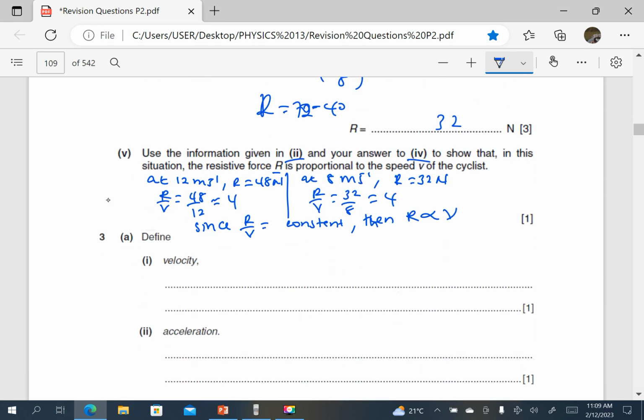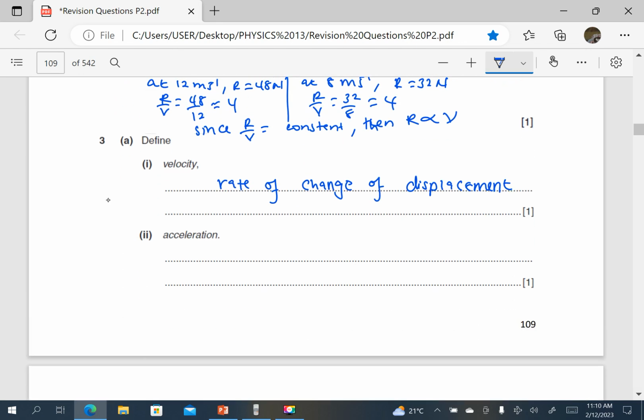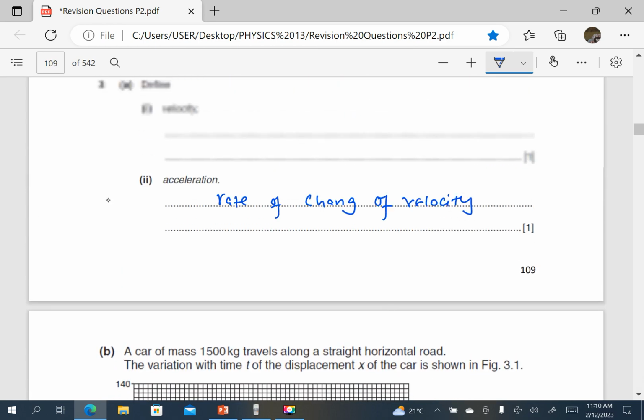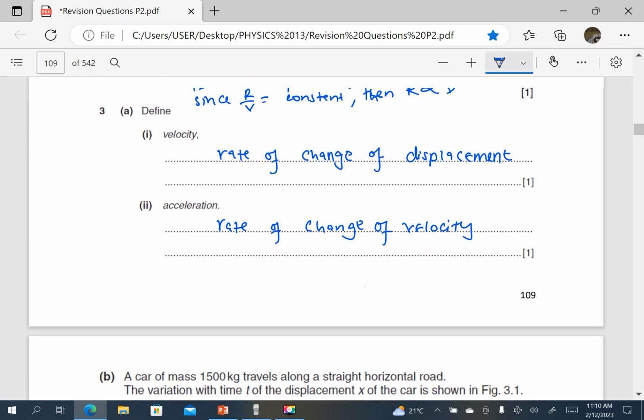Define velocity. So we now know that velocity is the rate of change of displacement. Acceleration is the rate of change of velocity.